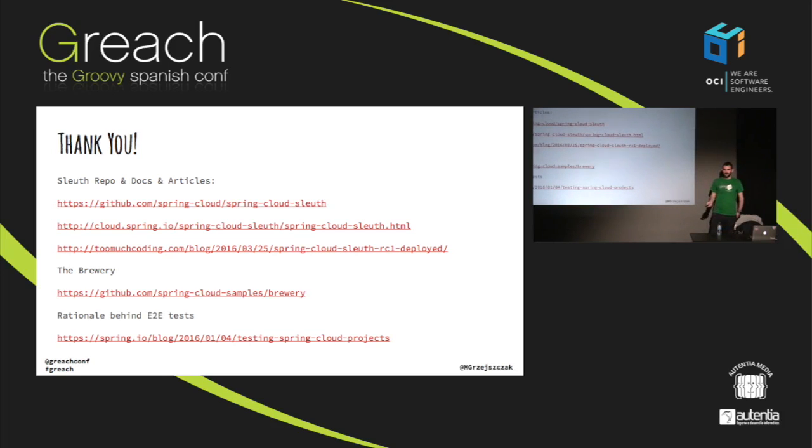You can check the build Gradle, and if you like any of the ideas, just copy them. And here is the rationale behind end-to-end tests. Actually, that was my first post on the Spring blog, where I explain why even we got that way, and I explain the rationale behind writing the end-to-end tests in such a way as they are written. So you can check them out, and I think we have some time for questions, if you have any.